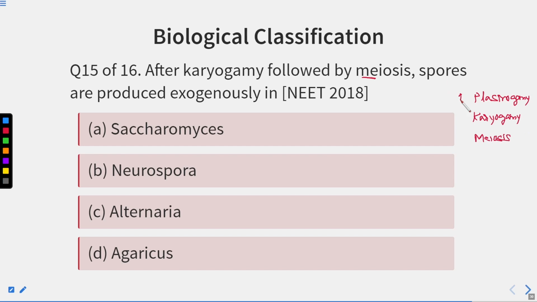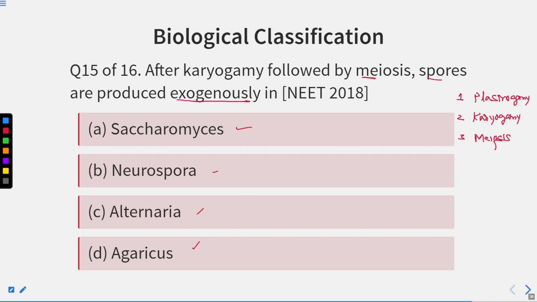So these are the stages of sexual reproduction. Options are Saccharomyces, Neurospora, Alternaria, and Agaricus. Here we have to look for the organism in which spores are produced exogenously, meaning external production.